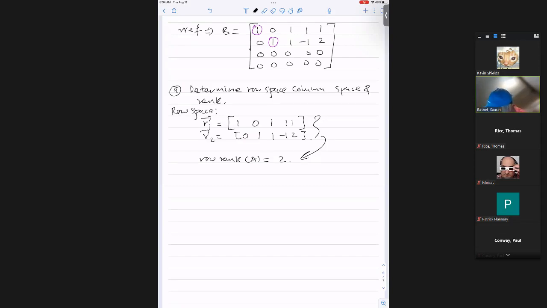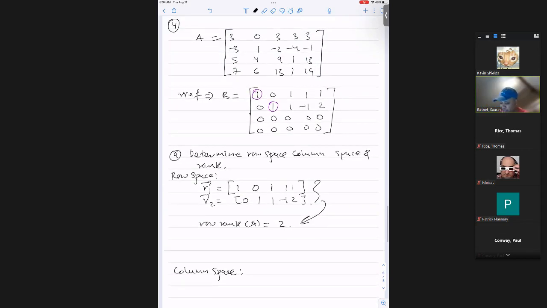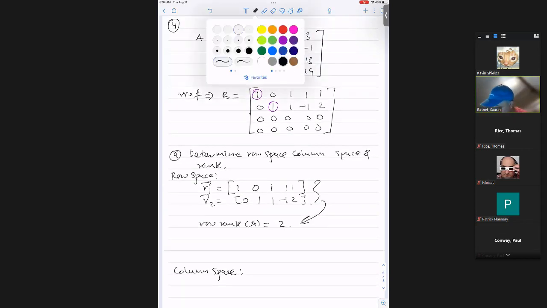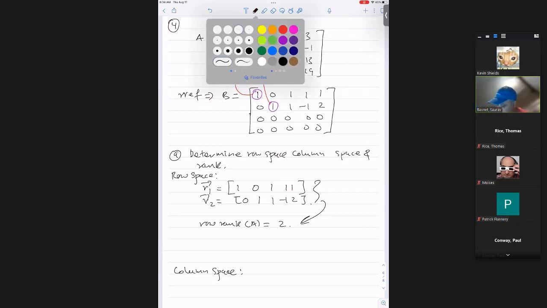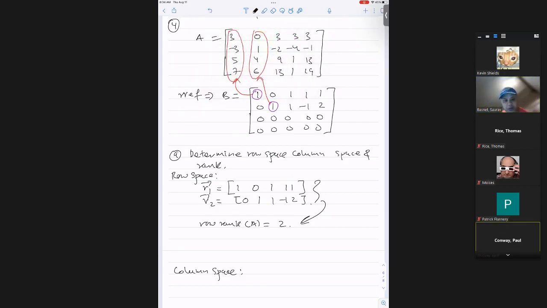When you find the column space, we still look at the leading ones, but what extra thing do we do? We compare that with the original matrix. These two columns have the leading ones, so we compare with the original matrix. Are you guys following me? Yes.